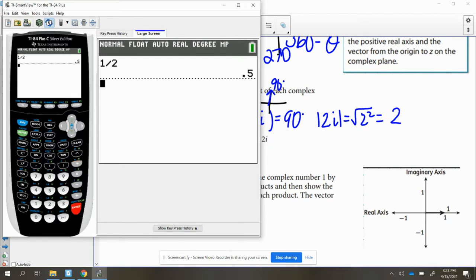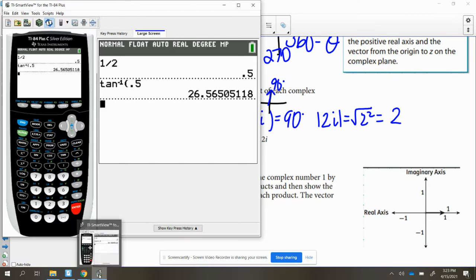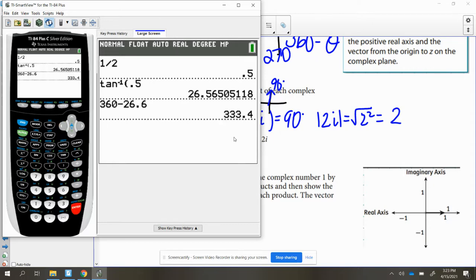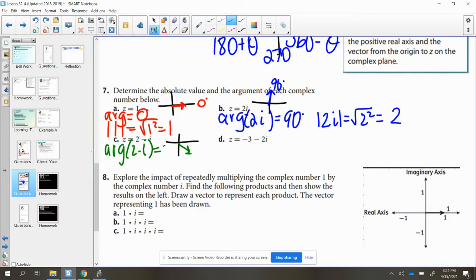And tan inverse of 0.5, 1 over 2, is about 26.6 degrees. Now, we know that would be the quadrant 1 value. So we know that we need to subtract from 360 that value of 26.6, because then that's going to give us our true value for quadrant 4, which is 333.4.